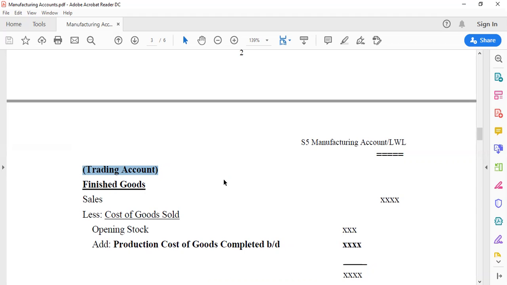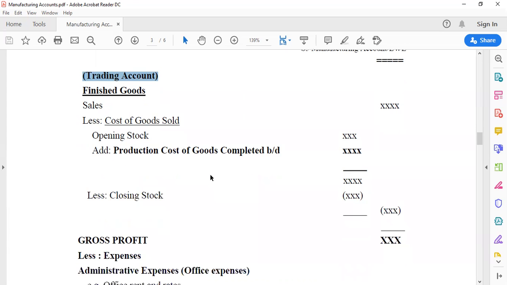So the trading account shows the gross profit, which is equal to the sales minus the cost of sales. Sales is normally put there, minus returns inwards if any, and then less the cost of sales. For a manufacturing organization, the cost of sales is equal to the opening stock plus the production cost.